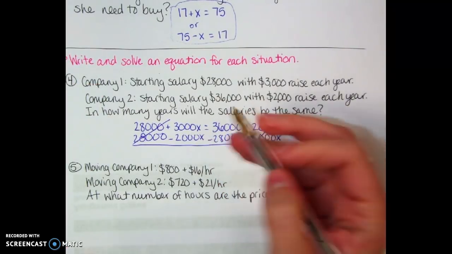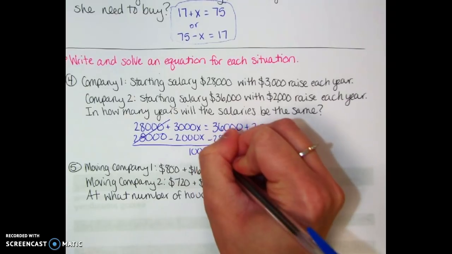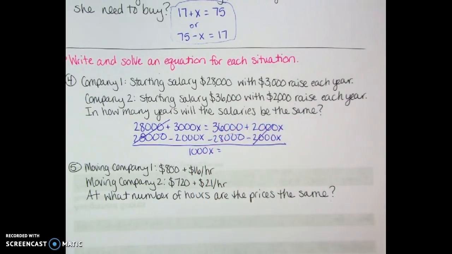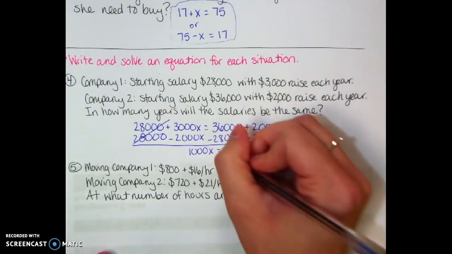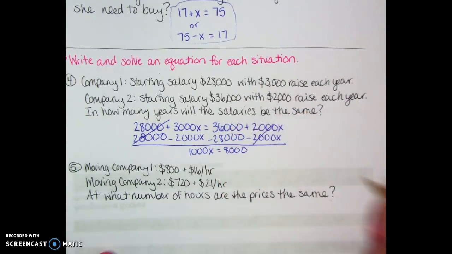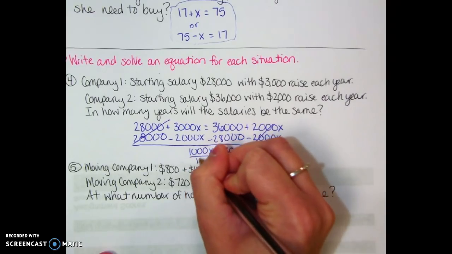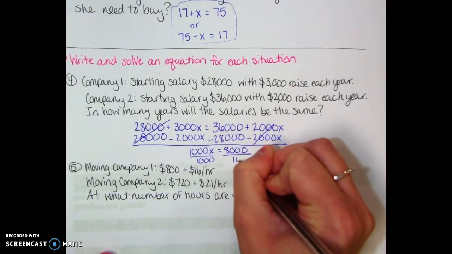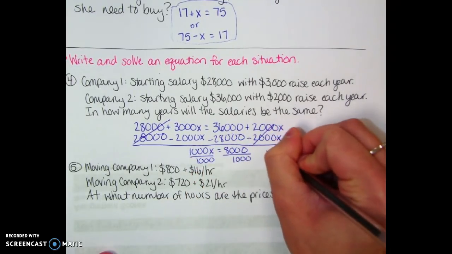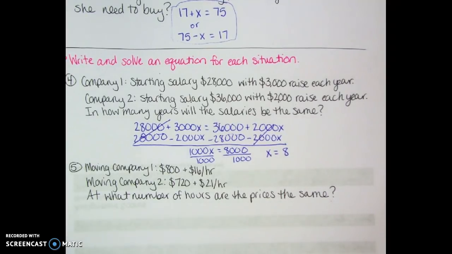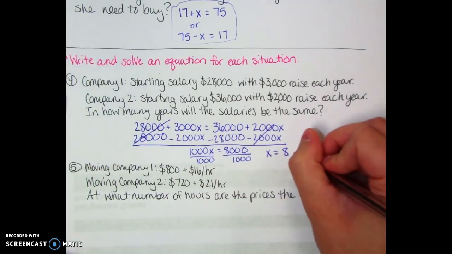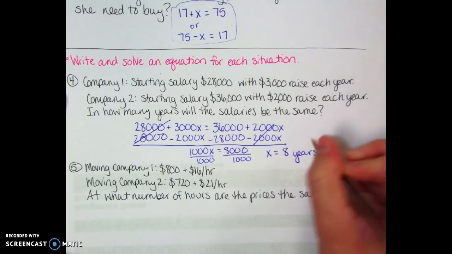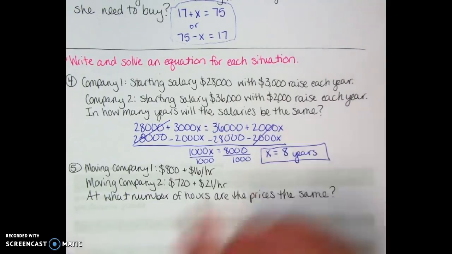So 3,000 minus 2,000 is 1,000x equals 36,000 minus 28,000, which is 8,000. Divide by 1,000. And x equals 8, and that needs units. It says in how many years? So 8 years. The salaries will be the same.